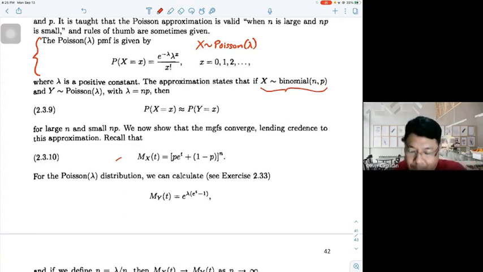And then you can verify this in exercise 2.33. I think you have solved this in your undergrad. Compute for the moment generating function of your random variable Y having a Poisson distribution. Madali lang naman ito.